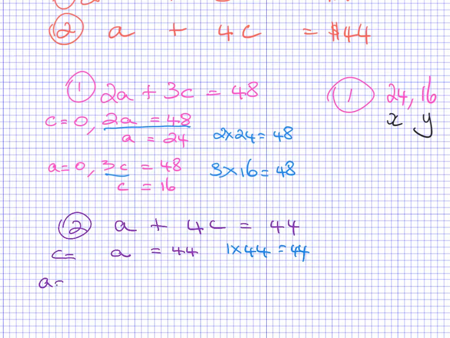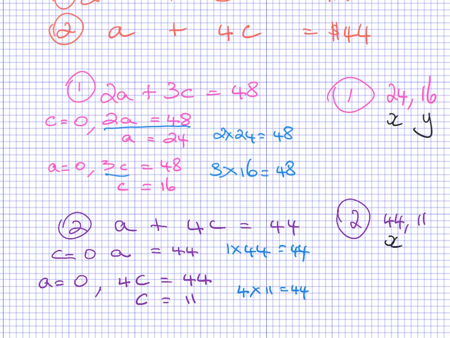Now if A equals 0, 4C equals 44, which means C equals 11, because 4 times 11 equals 44. So for family number 2, our two coordinates are 44 and 11. And just like before, they equal our x-axis and y-axis.